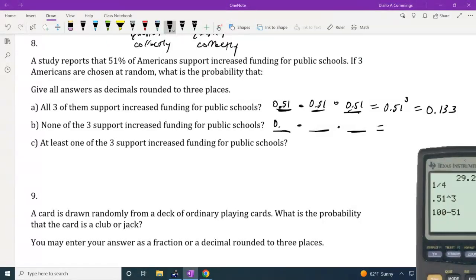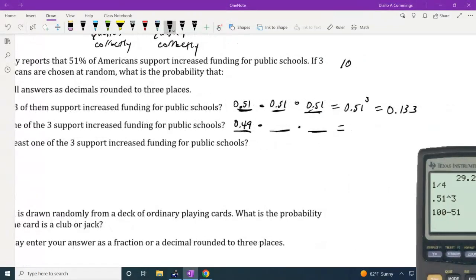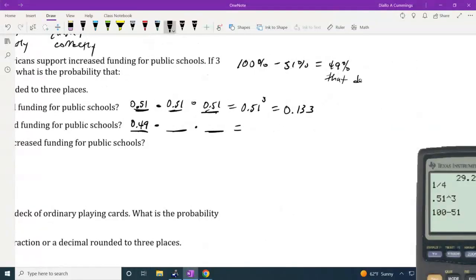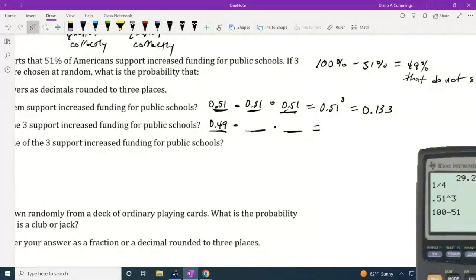So the probability for the first person is 0.49. Let me just write that up here. 100% minus 51% is equal to 49% that do not support. All right. So the probability of the second person not supporting is the same, and the third person.